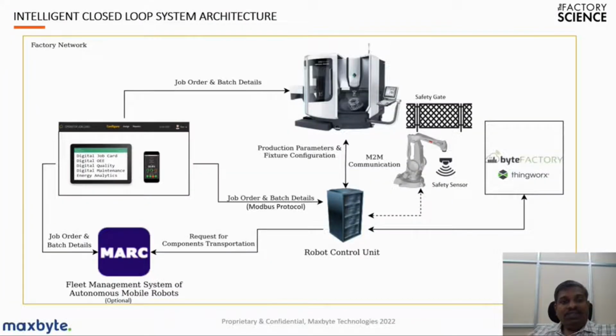Okay. This is the total system architecture, which will be a closed loop, and as I already mentioned, this will be intelligent, since the digital job card, OEE, quality, maintenance, energy analytics, everything is a part of this smart factory, and the job order and batch details will be sent to the machine, say target against the actual produced.